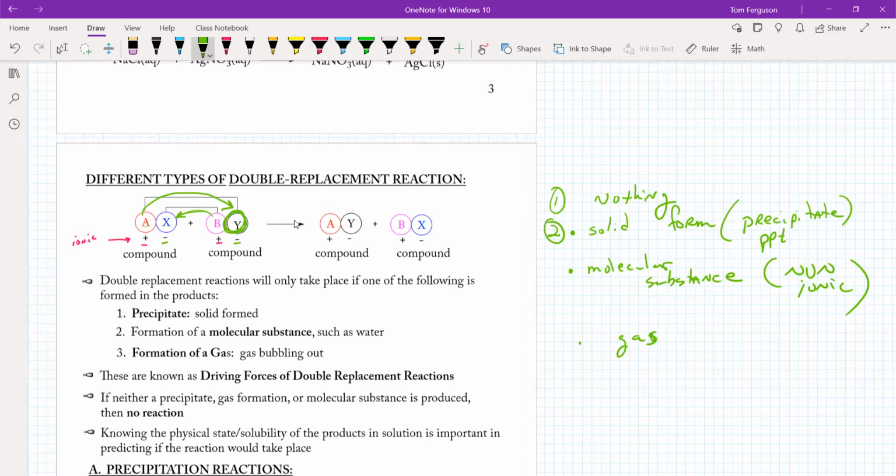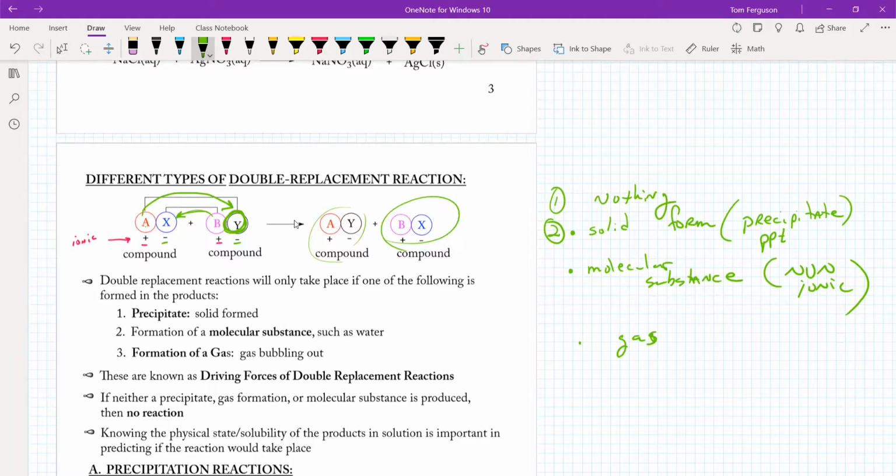Typically, what happens is you'll get a solid form, called a precipitate. Or you get something that is sometimes not all that obvious, but there is a reaction between either this guy or this guy. And then gas is obvious because you'll see bubbling.